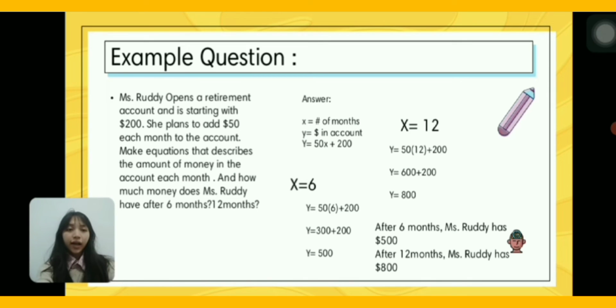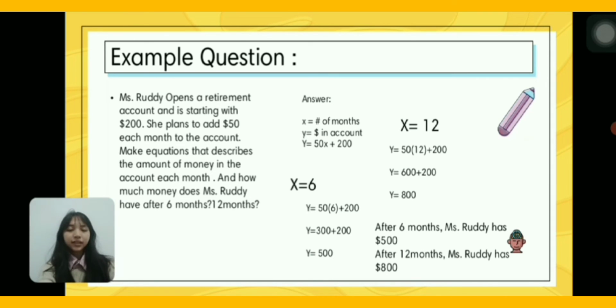As we know, x equals the number of months and y equals the dollars in the account. So we know that y equals 50x plus 200. The first thing we are going to find is how much money Miss Radi has after 6 months.